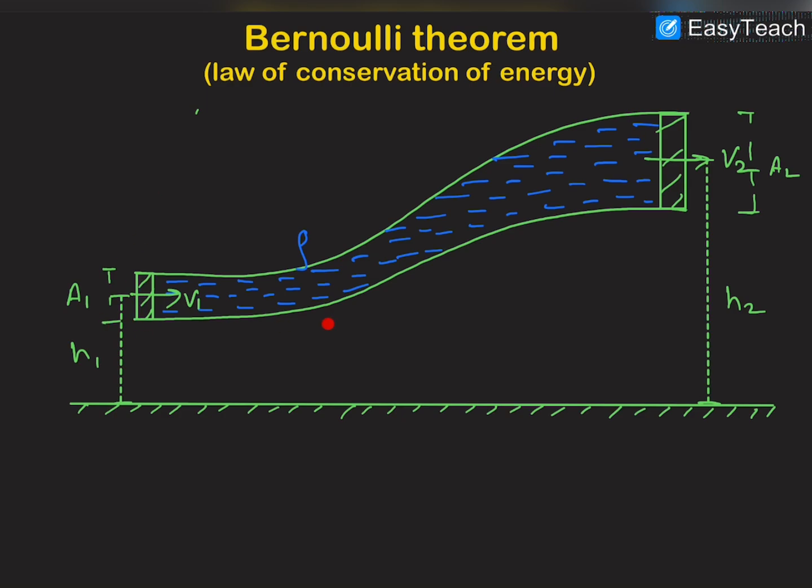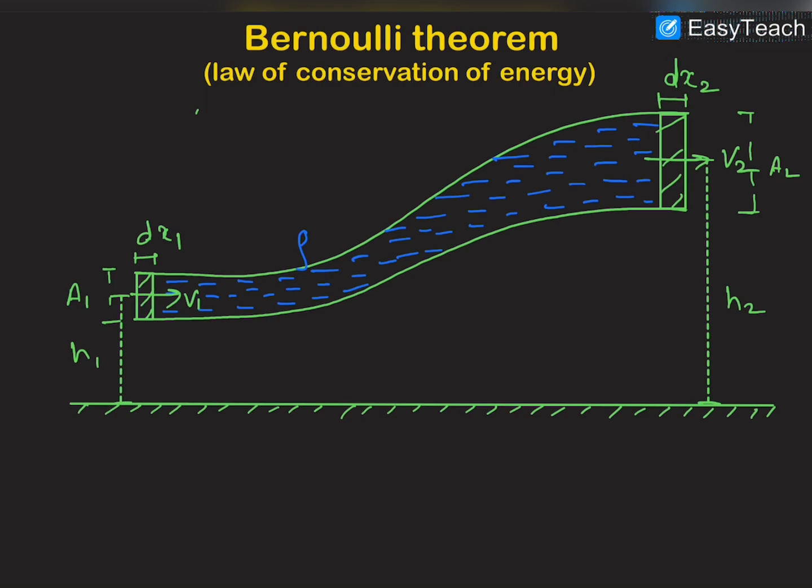So this is only a section of a long pipe, and there is continuously liquid coming from the other parts of the pipe. Okay, but we are concentrating on this part only. So let us suppose that due to the pressure of the liquid, this liquid is pushed inside by a distance of dx1, and this is pushed outside by a distance of dx2.